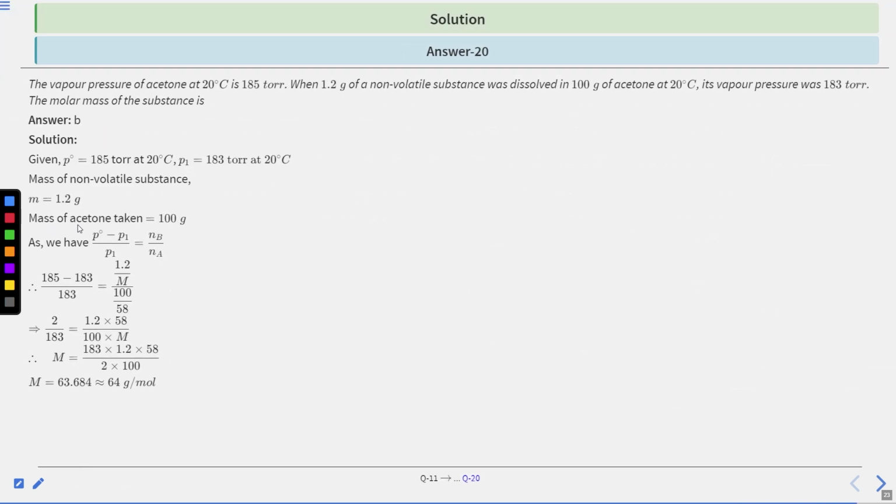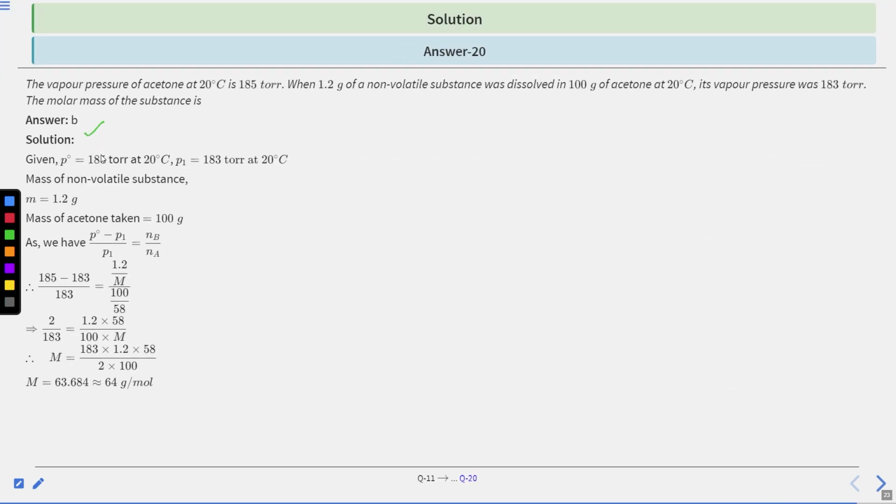Okay, so the correct answer is option B. We are given the vapor pressure of acetone as 185 torr at 20 degrees Celsius, and P1 is 183 torr. The mass of the non-volatile substance is 1.2 gram, and the mass of acetone is 100 gram.